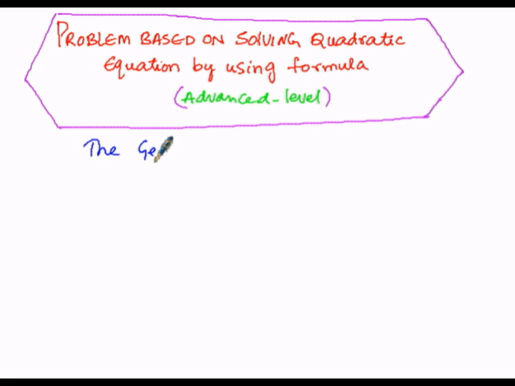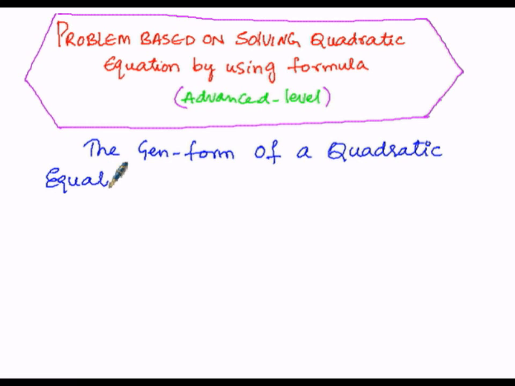So now the general form of a quadratic equation is ax square plus bx plus c equals to 0, whereas this coefficient of x square, that is a, should not be equal to 0, and the real constants are b and c.